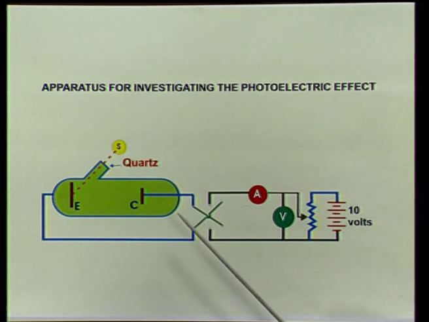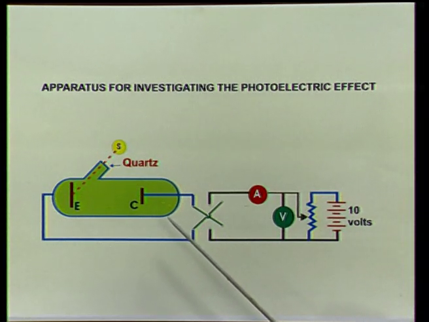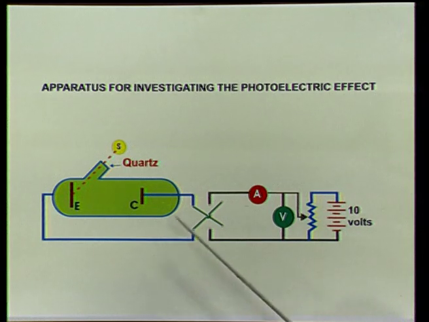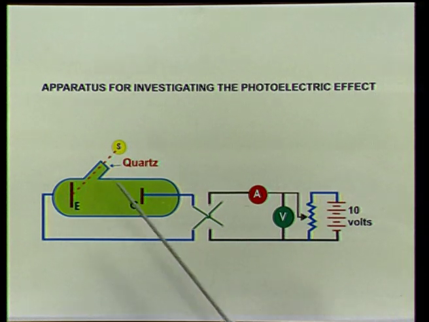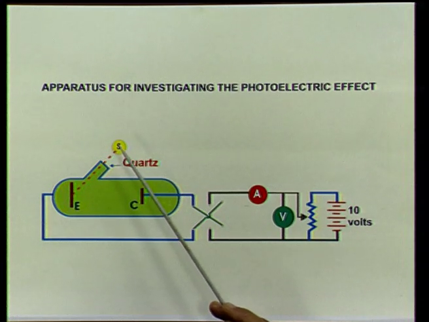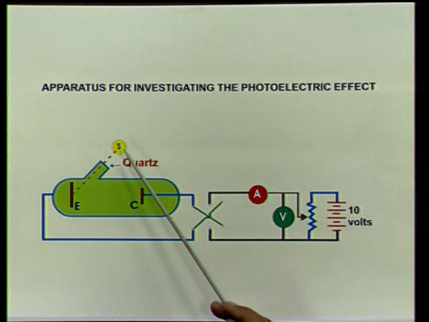For example, the photoelectric current can be increased and decreased, the light intensity can be increased and decreased, and the voltage applied between E and C can also be increased and decreased. Here is the source, which gives light of suitable color or associated frequency.